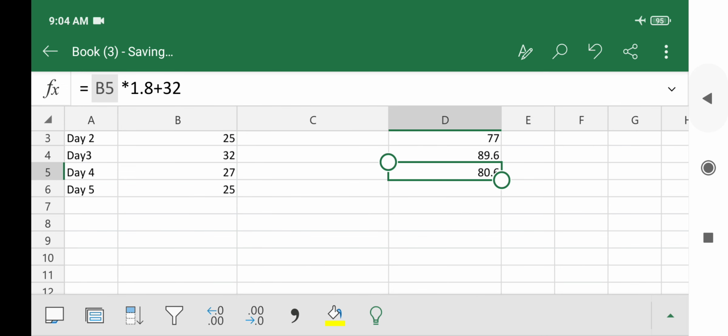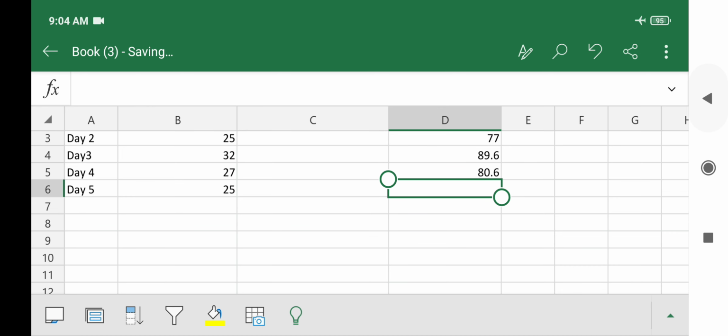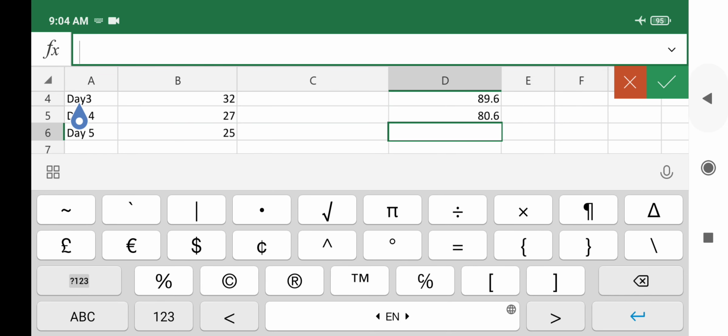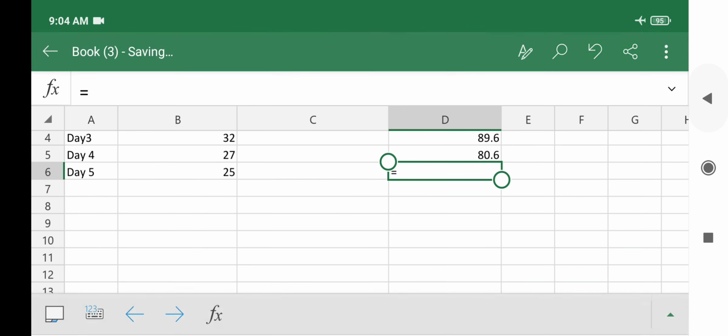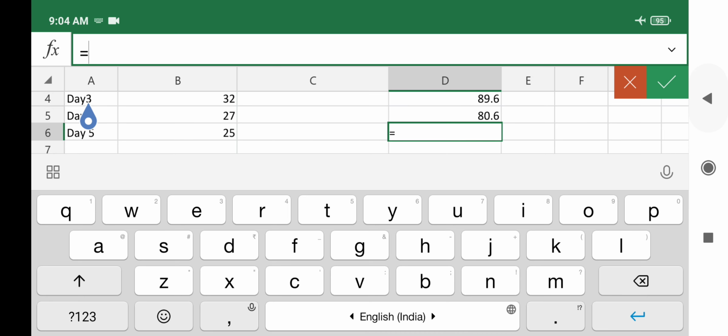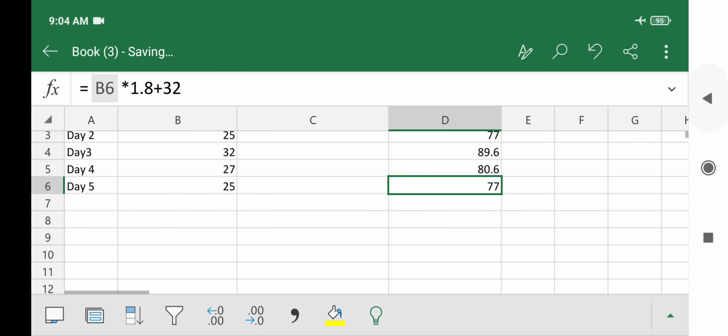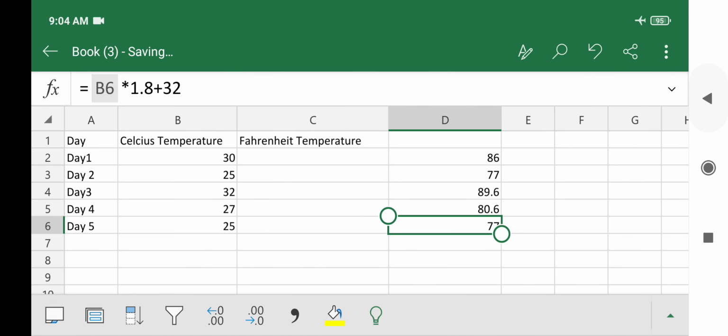All the temperatures we are writing over here. And the last one: equals to, go back, select the temperature, then multiplication 1.8, then plus 32. So this is done by manually writing the formula for each and every one.